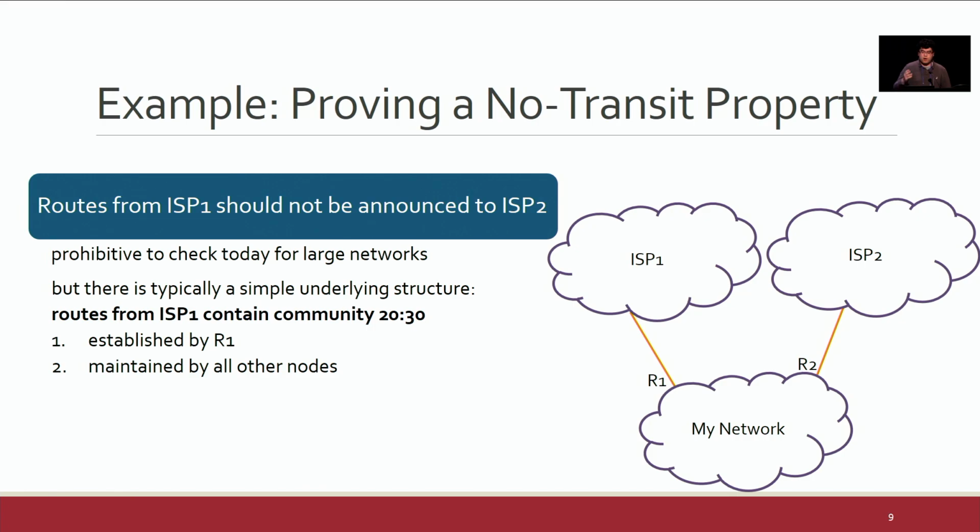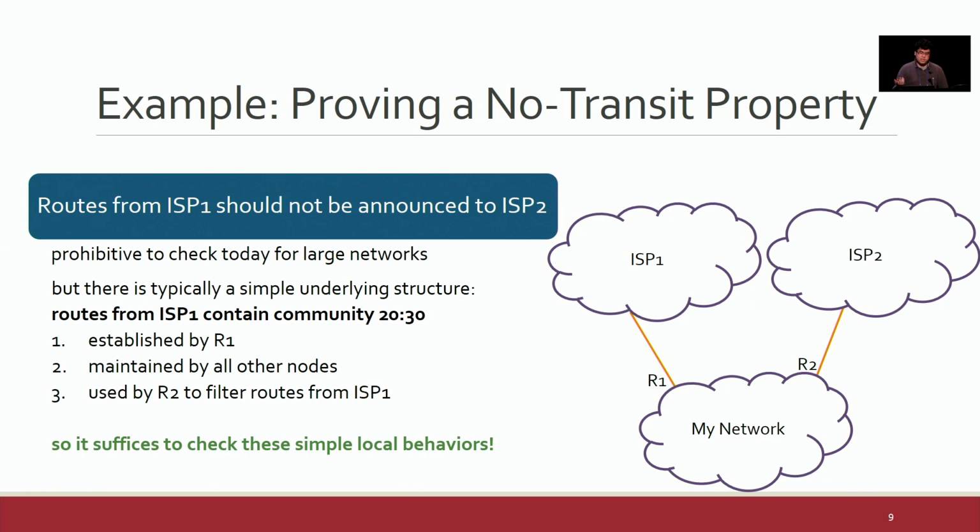We know that other nodes in the network should somehow maintain this structure by not removing this community from any routes. And we know that R2 should use this to filter out routes to ensure the property. So instead of reasoning about all possible network states, it suffices to check these simple local behaviors.